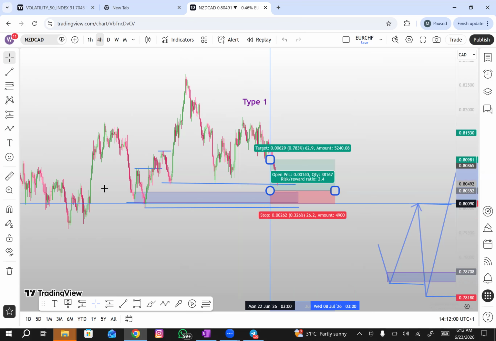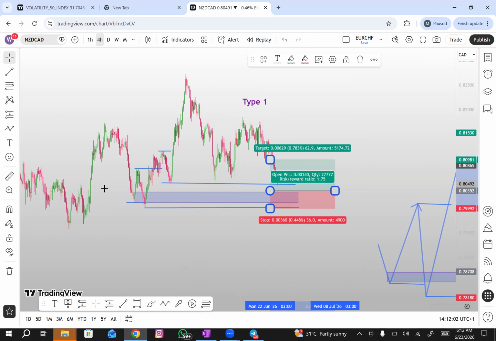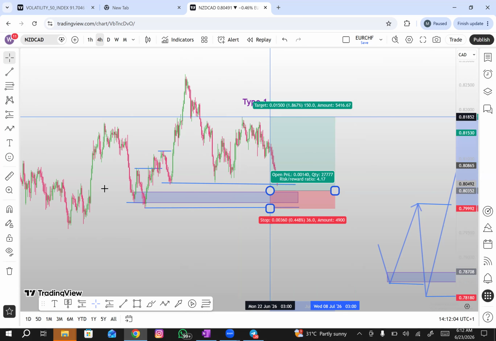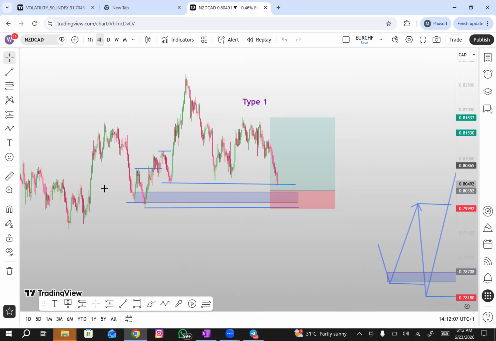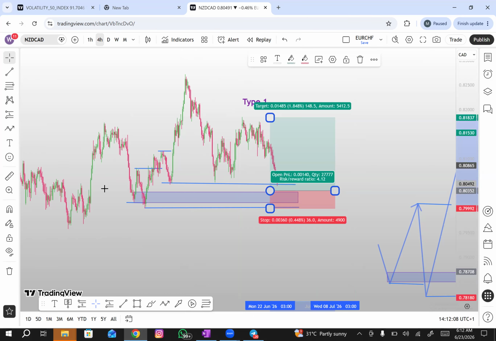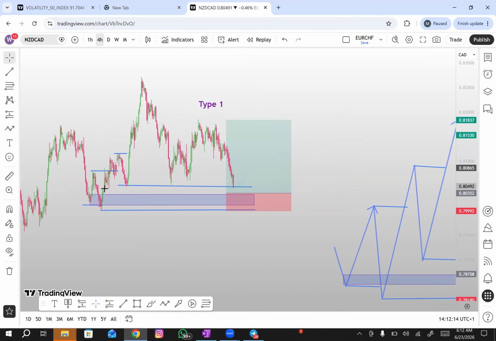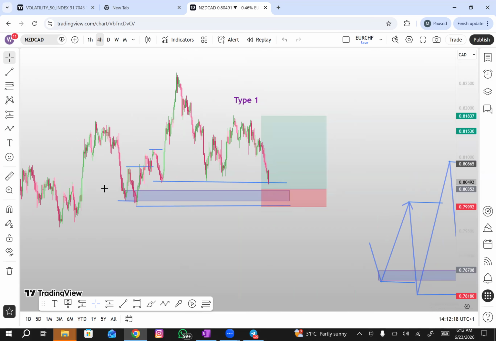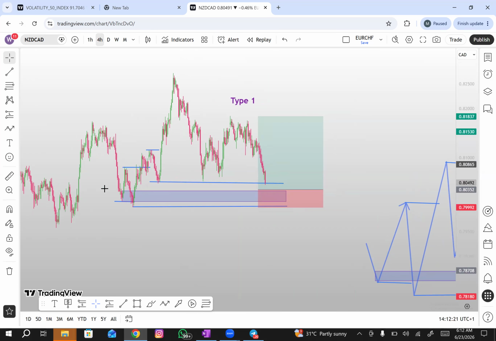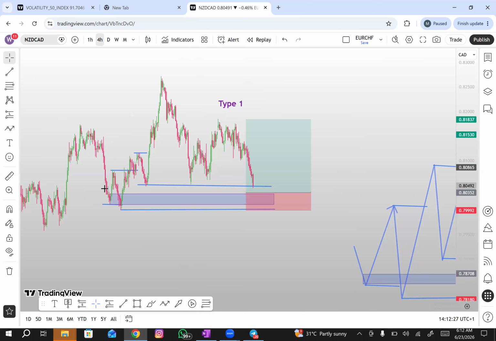So you cover this and then target this zone right here. This is 1:4 if you're taking this trade. I'm personally going to take this trade. This is a sweet buy structure right here, type 1.